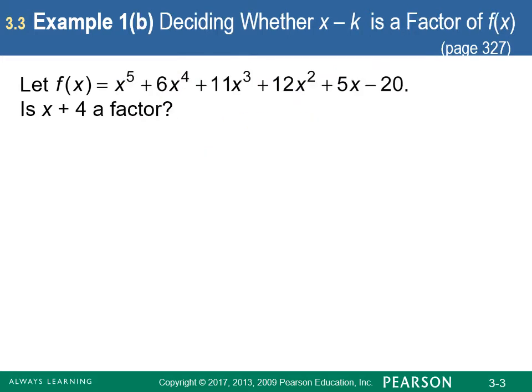Here we have the same sort of question, just a little larger polynomial. So the synthetic division would be for x to the 5, the 1 on the front, and then 6, 11, 12, 5, and negative 20. And our front number is negative 4.